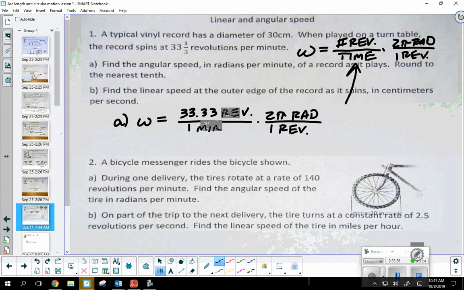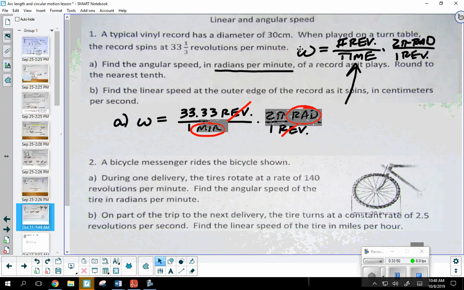Now this first part here simply wanted radians per minute. Is that what I have, or do I need to do some more analysis? What do you guys think? Yeah, I have it. The revolutions are going to cancel. There's radians per minute. So all I need to do is multiply 33.33 times what?